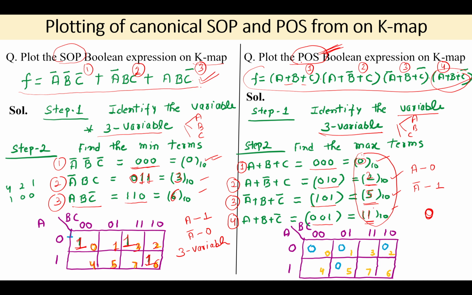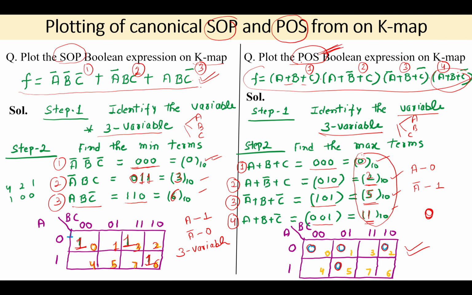Okay, so the max terms we have to represent in the three variable K-map. So this is 0, this is 0, this is 0, and one more 0. Okay, so this is the representation. This is the representation of any Boolean expression, maybe SOP or maybe POS, on the K-map, but the concept is something different.